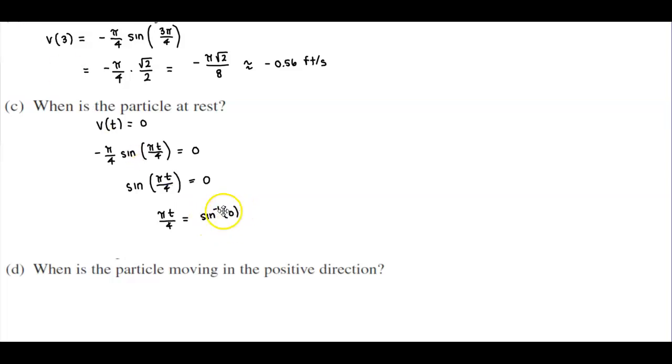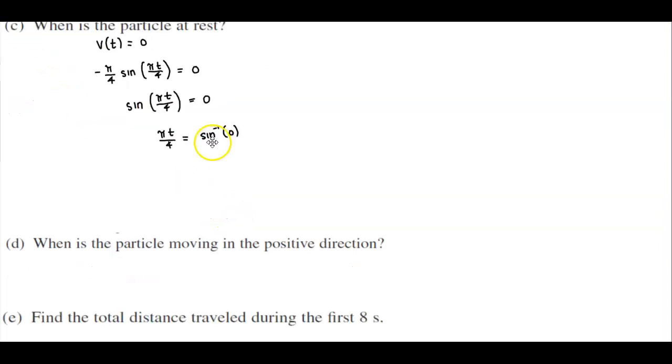And so here we're looking for the angle whose sine is 0. And so the angles where the sine is 0 are the following. So we know that it's at 0, we know at 180 degrees, and we know that at 2 pi as well.